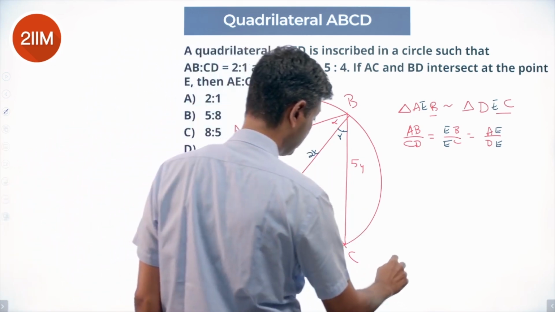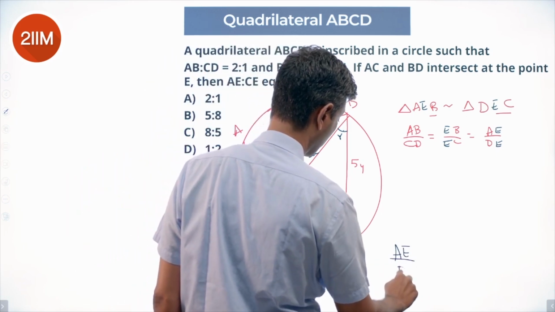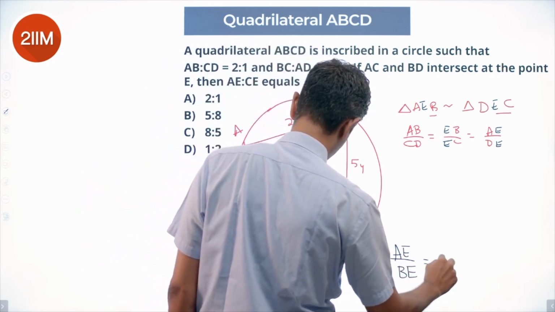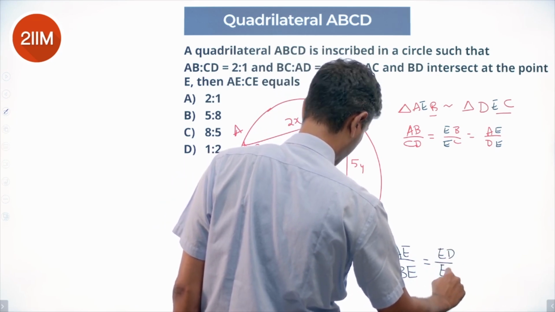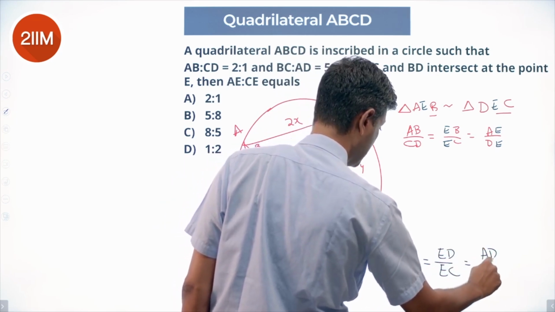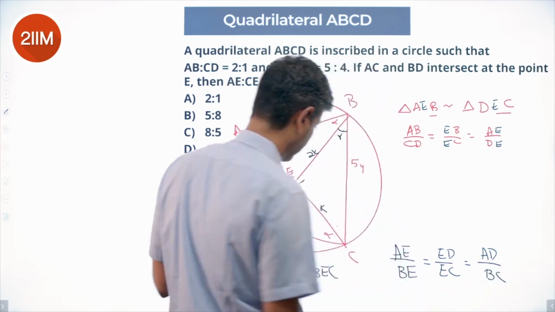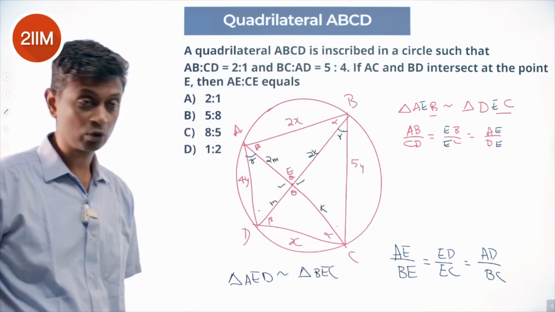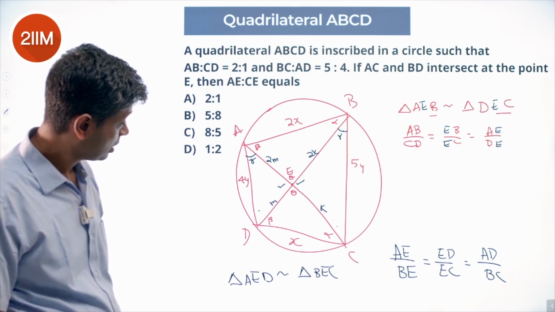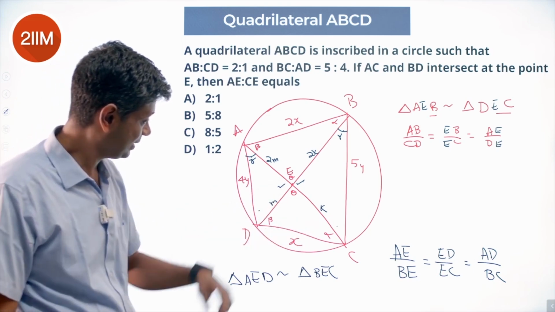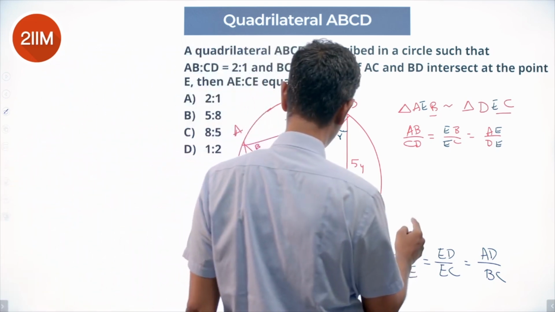AE by BE equals ED by EC equals AD by BC. AD by BC is 4 by 5. ED by EC is therefore 4 by 5.